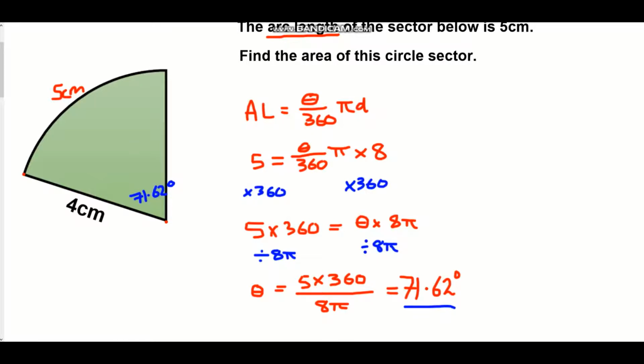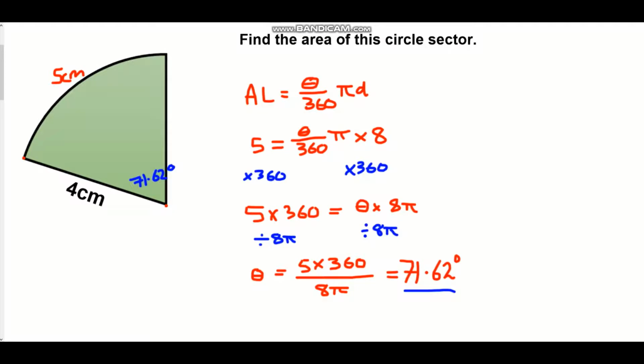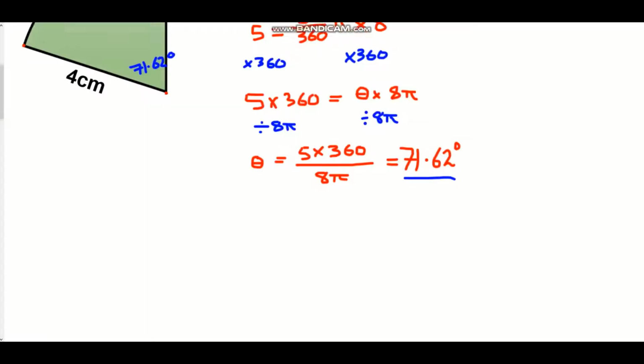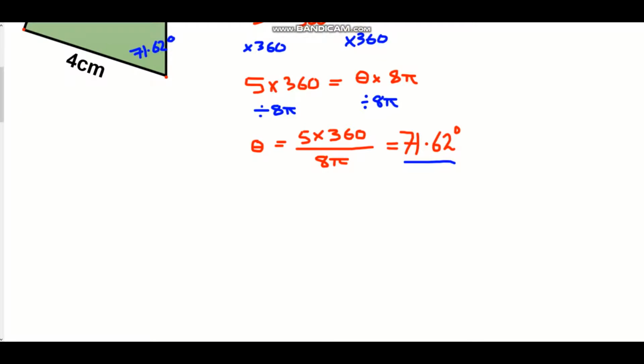Okay, so now we're going to use that, and our 4 centimeter radius, to find the sector area. Once we've worked the arc length backwards to an internal angle, we can take a new space, change color, and use the sector area formula with what we know now. So theta over 360 times pi r squared.